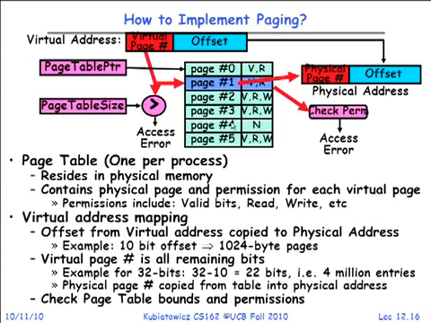Question, yes? Well, that's a good question. Why would this access error ever happen? Well, if you tried to use an address that was too big. It could mean, in this case, that there's something wrong with your user program. If I understand your question here, you're saying, shouldn't there always be as many page table entries as there are bits here?